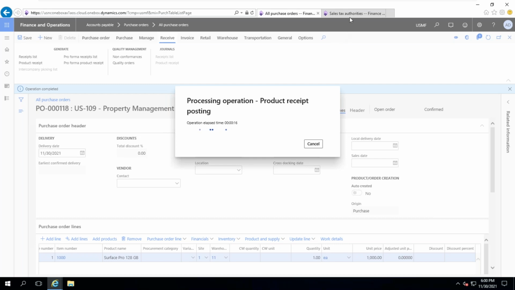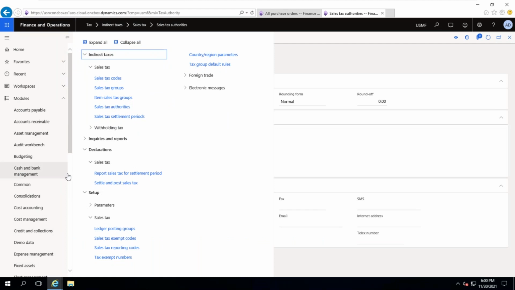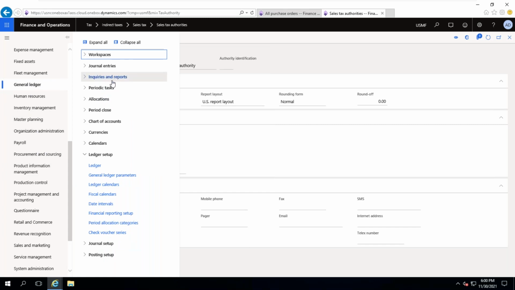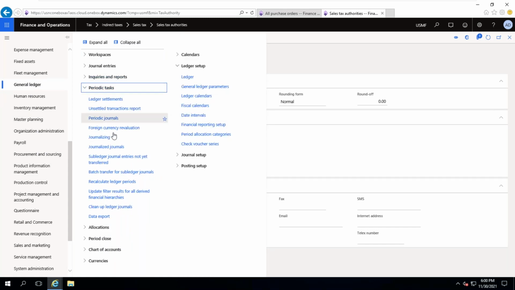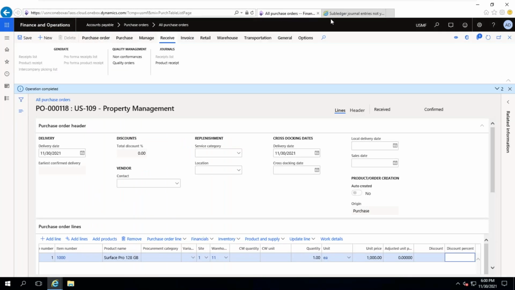Now once it is updated, you can go to the general ledger module, subledger journal entries. They are not yet transferred because we are not executing the batch job, so it will not be updated.